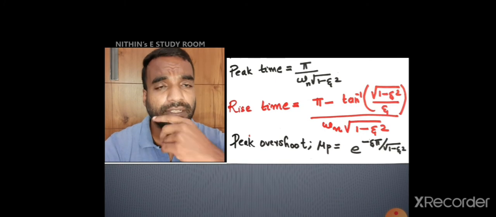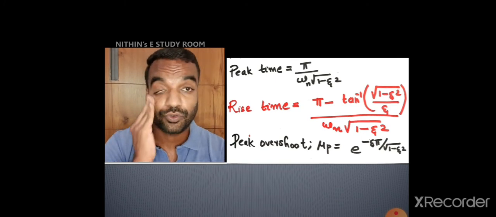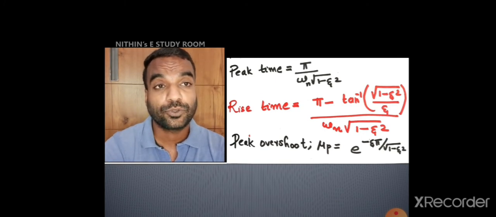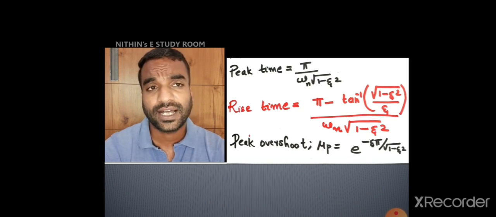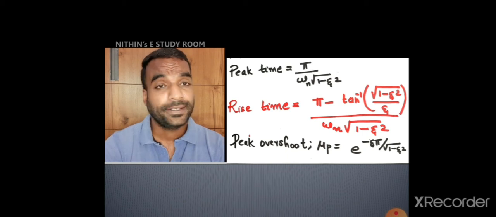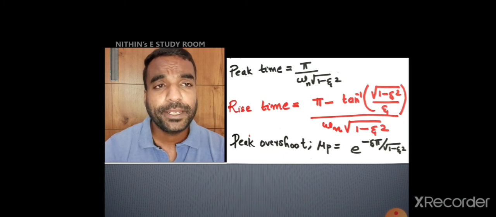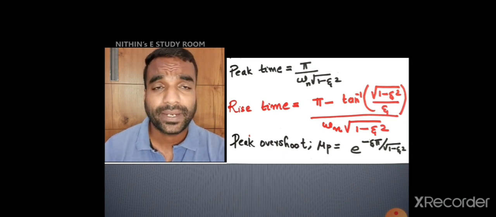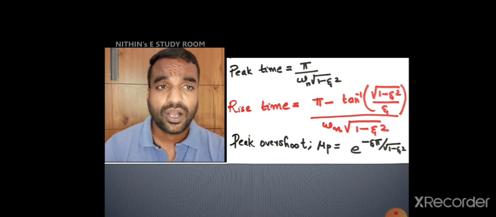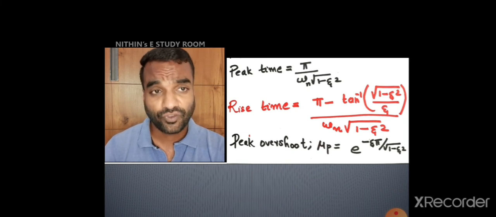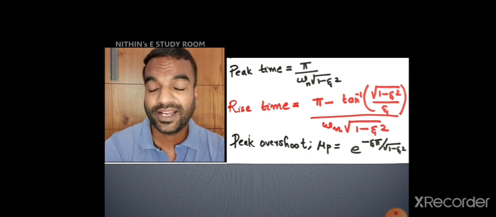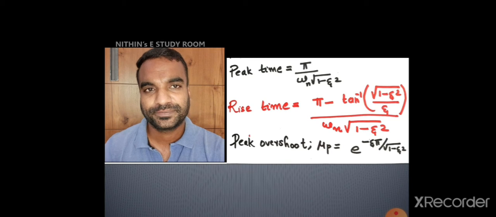And these are the other equations you have to learn by heart. Peak time is equal to pi by omega n root 1 minus eta square. Omega n is the undamped natural frequency of oscillation, and eta is the damping ratio. Rise time is pi minus tan inverse of root 1 minus eta square by eta, all divided by omega n root 1 minus eta square.